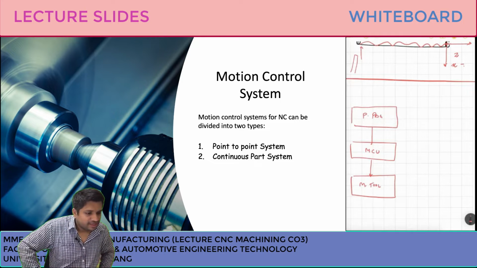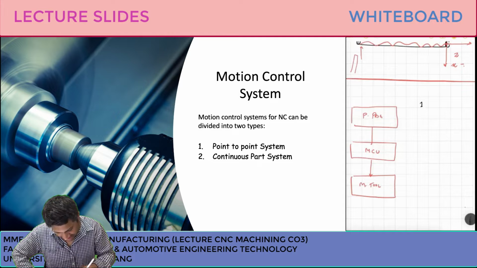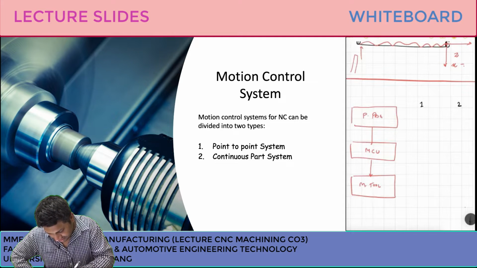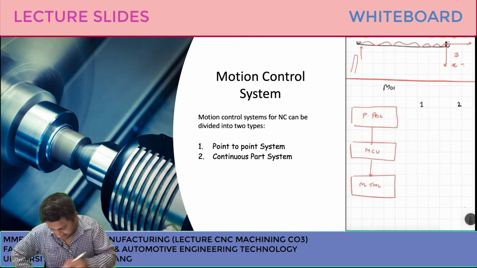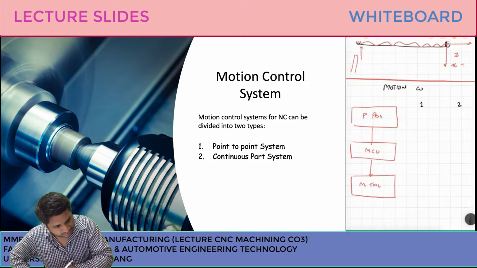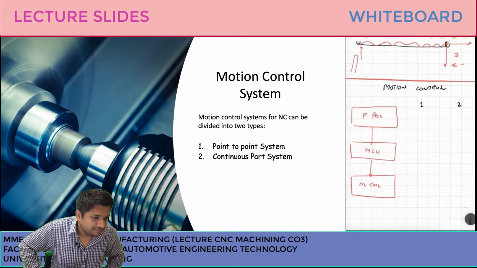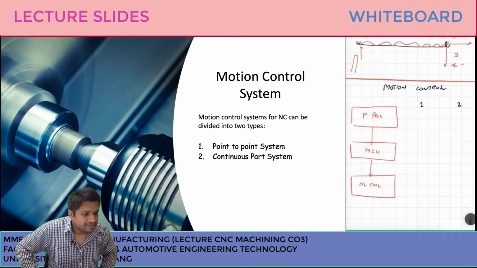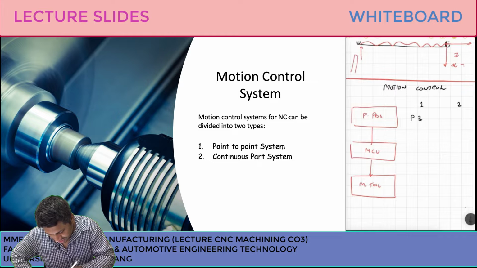Now the part program can give two types of instructions for motion control. Either it is point to point, P to P, or it is continuous.